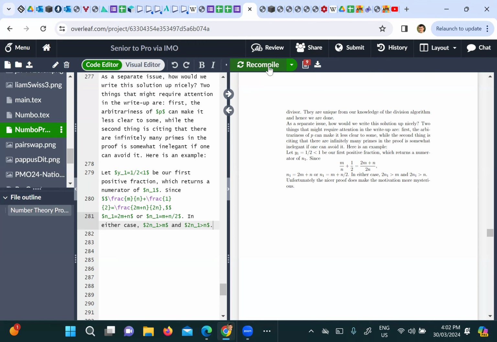So can we make a q more explicit without using the infinite primes? So we need q. What was our proof before? We need q to be bigger than 2n1, and we need q to be co-prime.